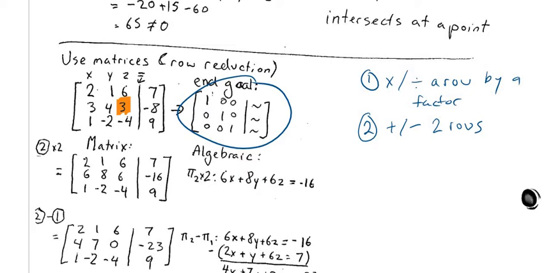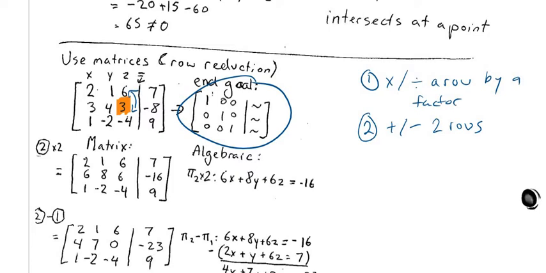I think if we take a look at this, we have a 6 and a 3. We said that we can multiply and we can subtract numbers from each other. So if we turn that 3 into a 6, then we could just subtract the first 2 rows from each other, just like elimination. Again, it's going to look a little bit tricky as I do this, but I'm going to try and explain as best I can. And as we keep repeating these processes over and over, it should hopefully make a little more sense.